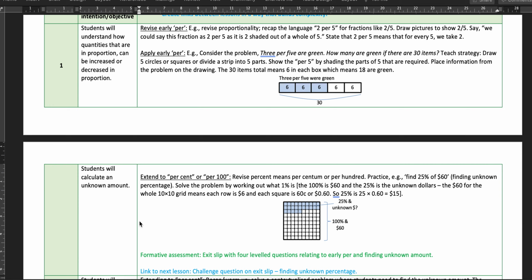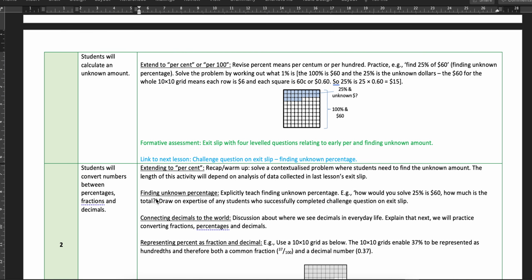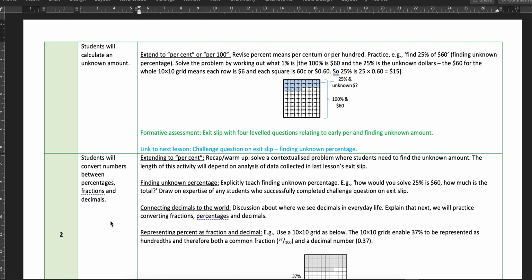You don't need to make your lesson links as explicit as this necessarily, but sometimes it's quite obvious how lessons are related to one another, but you need to keep it in mind and make sure that there definitely is a link. So when we come back for lesson 2, we're going to focus on converting numbers between percentages, fractions, and decimals.